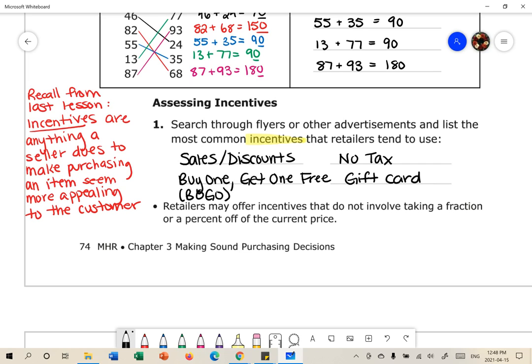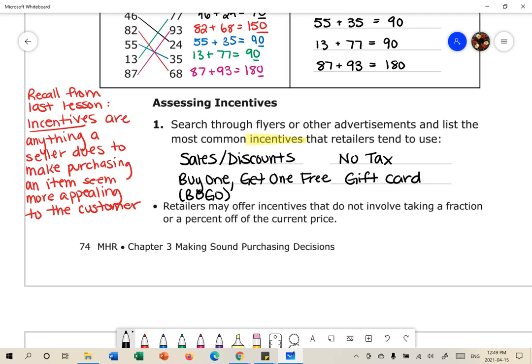Last lesson, we learned how a very popular incentive is a sale or a discount, meaning that there is a certain amount or a certain percentage off the original price. So the customer is paying less. But there are incentives that don't involve reducing the price of an item.